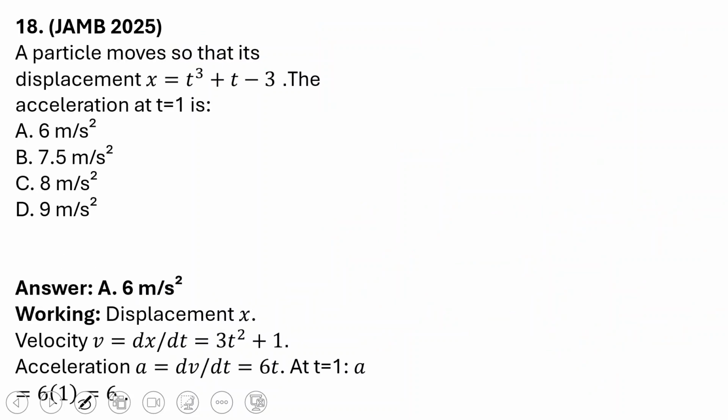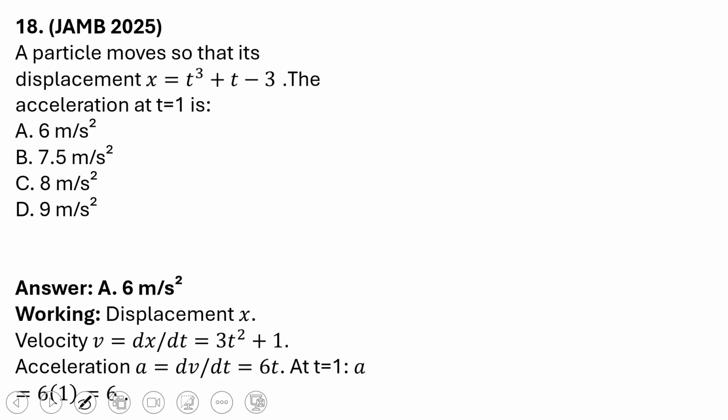Number 18 says a particle moves so that its displacement x is equal to t cubed plus t minus 3. The acceleration at t equals 1 is, so acceleration is differentiating twice.